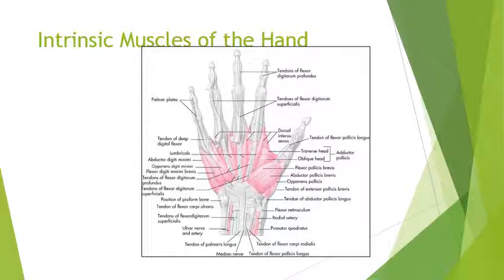We could be a little more general here because of the proximity of all these muscles within the hand. So for the extrinsic muscles, know all the detailed origin and insertions. For the intrinsic muscles, we're just going to break these up into two larger groups of muscles, and as long as you know the actions and what muscles are responsible for the actions in those areas, that's all we're concerned about.